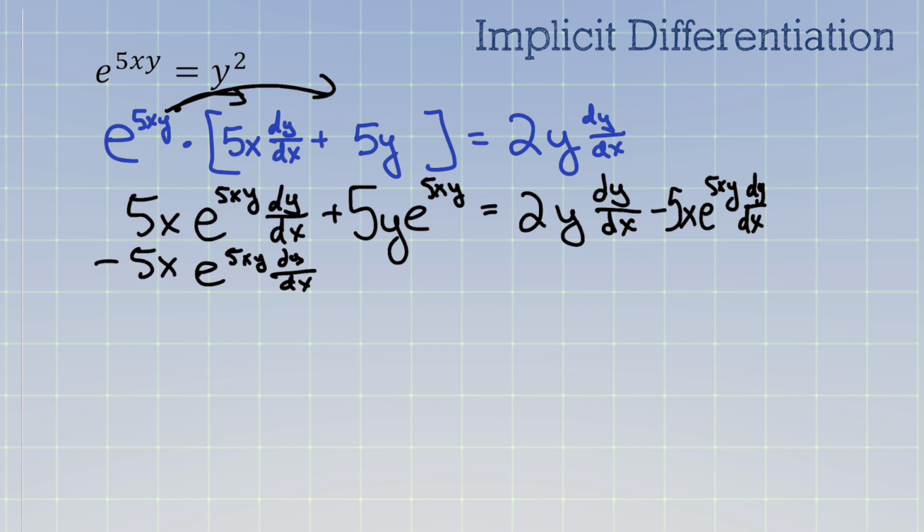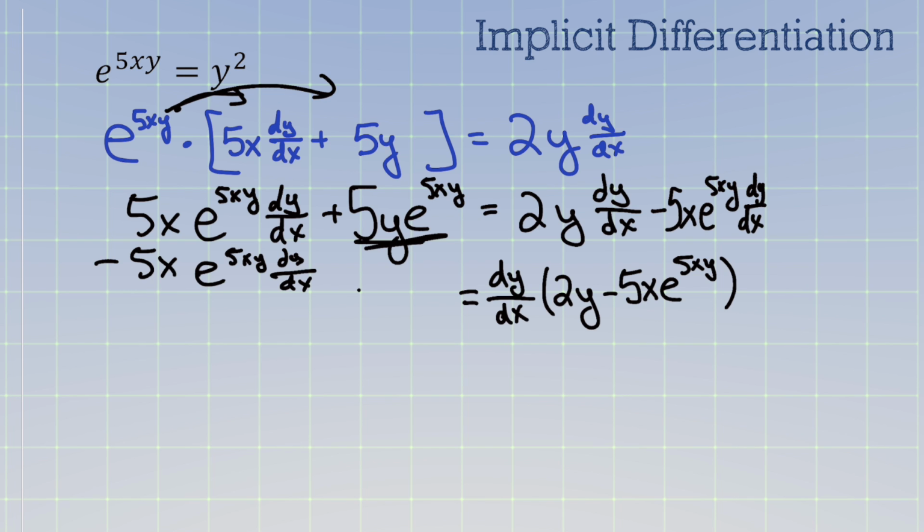Now we factor out that dy dx. We've got two of them, so it's sort of like a greatest common factor here. We factor it out on that right side. That leaves behind 2y minus 5x e to the 5xy power. All of that equals this term right here, so that's 5y e to the 5xy again.